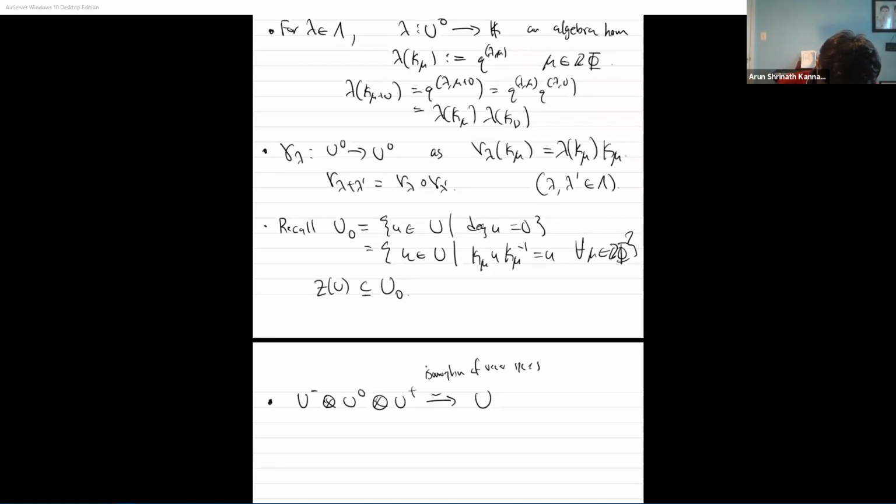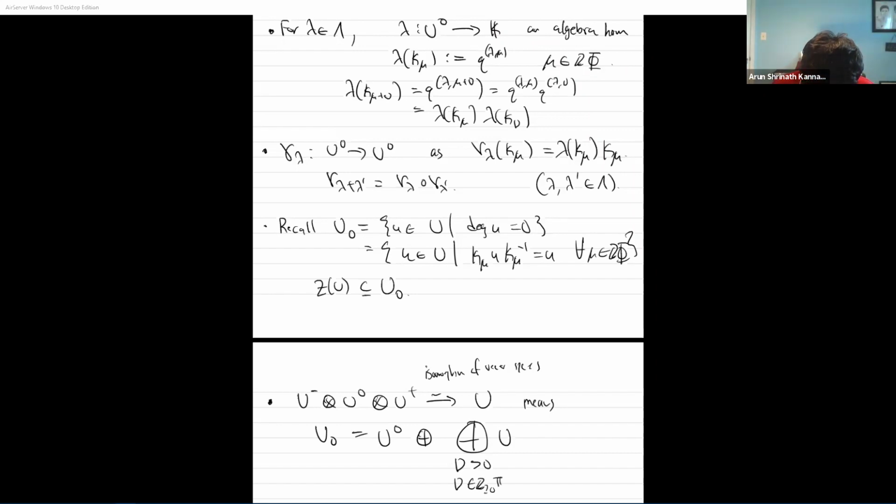And so kind of like in the classical case, we get this U0, the zero graded piece, is equal to U upper zero direct sum of the following spaces.